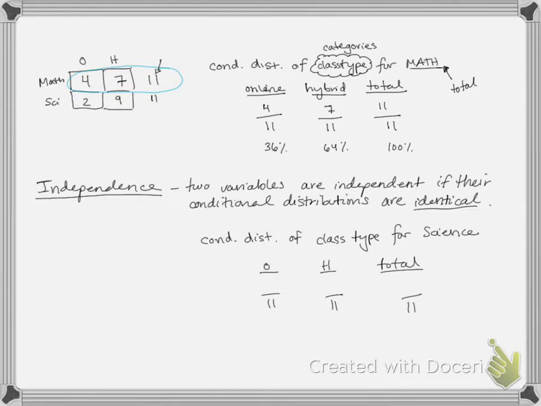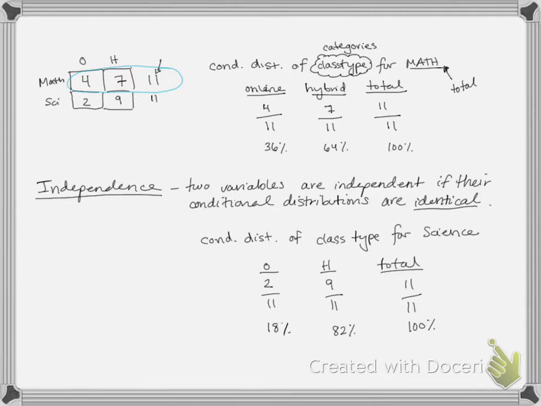Okay. So none of my denominators changed, but both of my numerators changed here. So this becomes 2 faculty teaching online, but 9 teaching hybrid in the science department, which means if we look at these percentages, we've got 18%, and just to double check, we got about 82% here, which sums to 100%.